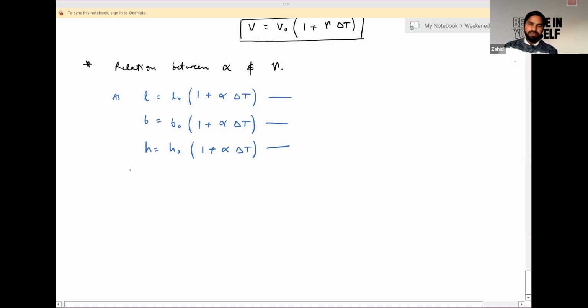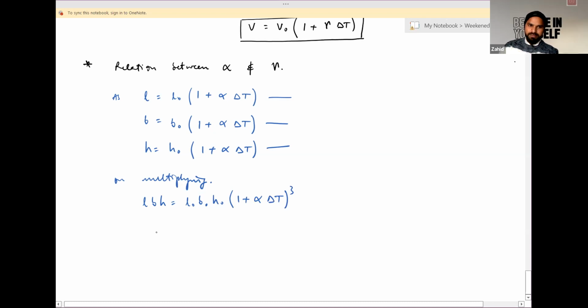Now, if you multiply these three equations, you'll get length into breadth into height equals L naught, B naught, H naught, and (1 plus alpha delta t) three times. So we can write (1 plus alpha delta t) to the power 3.